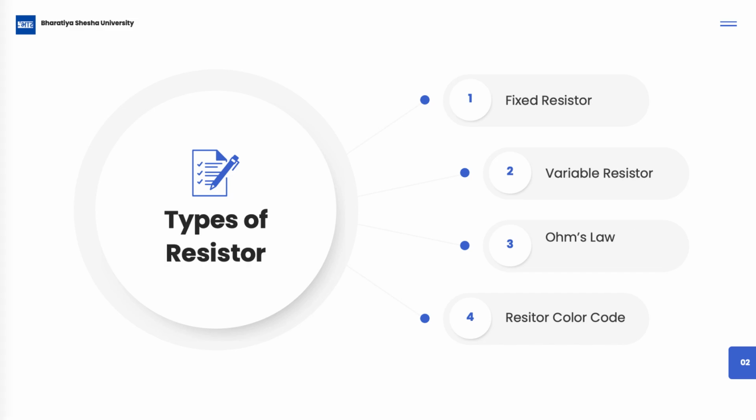Let's start with what a resistor is. A resistor is a two-terminal electronic component that opposes the flow of electric current. So in simple terms, if current is moving from point A to point B and there is a resistor in the center, it can oppose the flow of current.